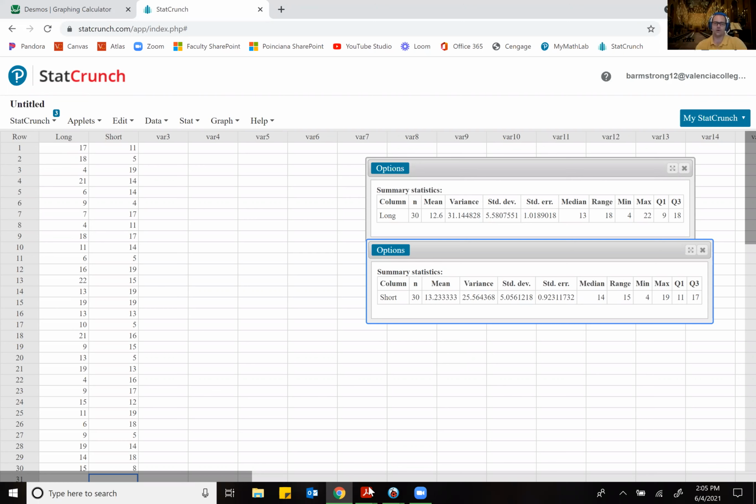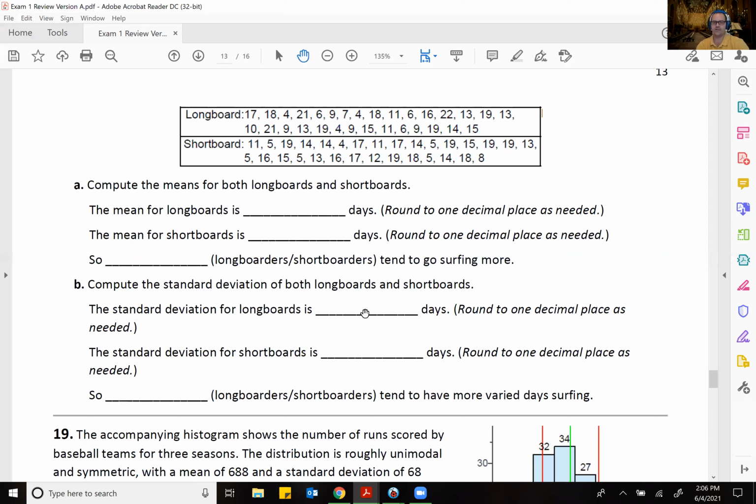All right. So going back to our review screen, we'll put 5.6 in the first blank for long boarders, 5.1 in the second blank for short boarders. So which blank tends to have more varied days? Who varies more?